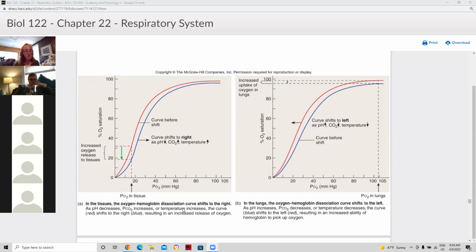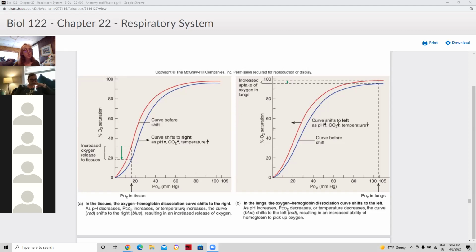In the lungs, as the pH increases, the partial pressure of carbon dioxide decreases, or the temperature decreases, the curve shifts to the left, resulting in an increased ability of the hemoglobin to pick up oxygen.